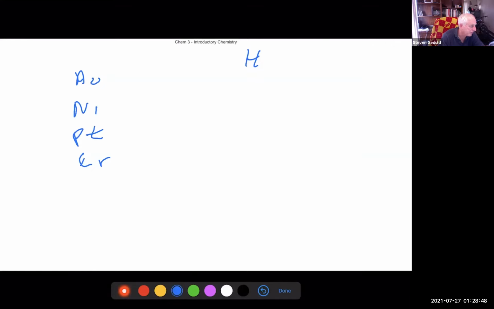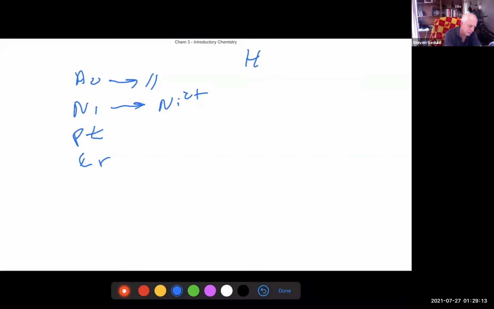There it is. Now we look at hydrogen and we say gold is below hydrogen, so no reaction. Nickel is above hydrogen, so we get a reaction, it goes to Ni2+. So acid will dissolve nickel. Platinum is below hydrogen, so it will not react with an acid.